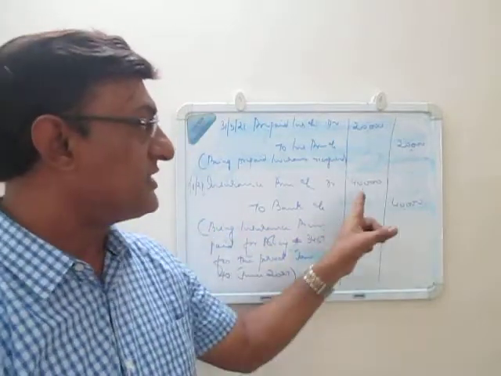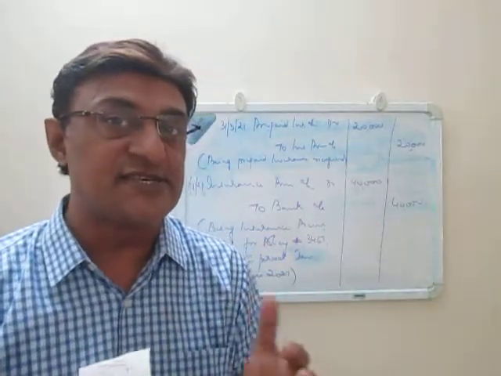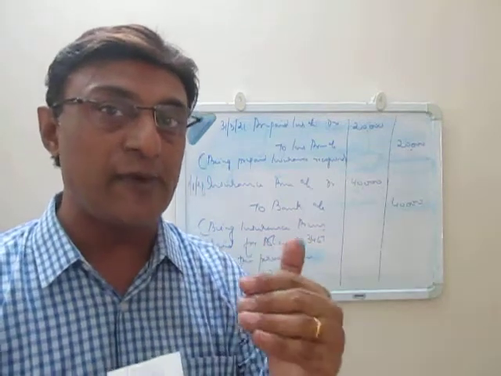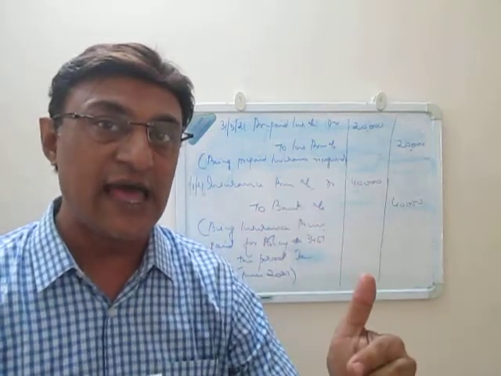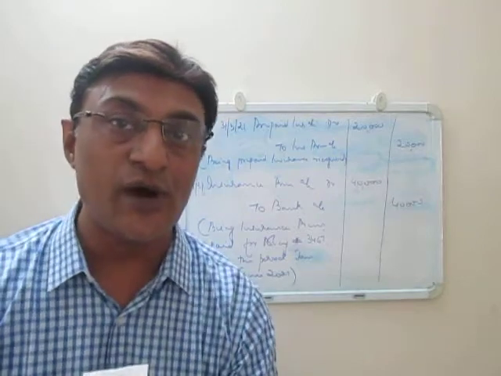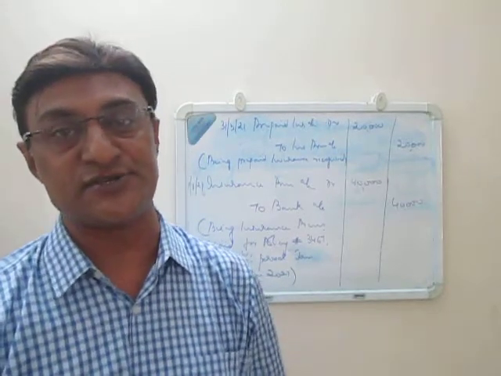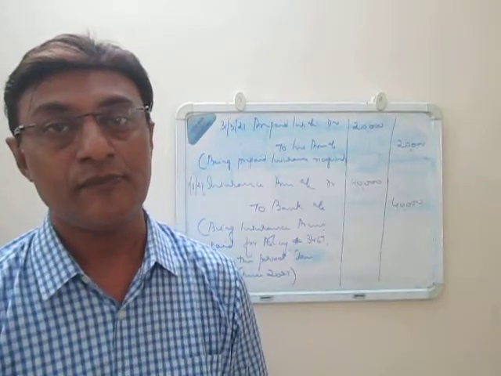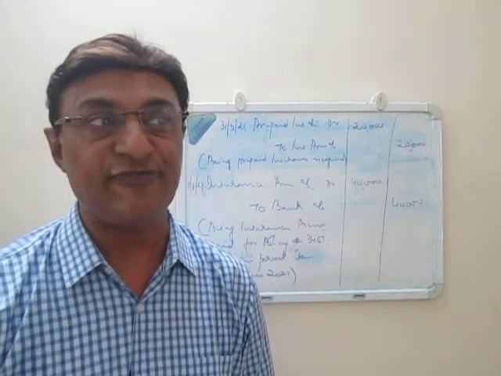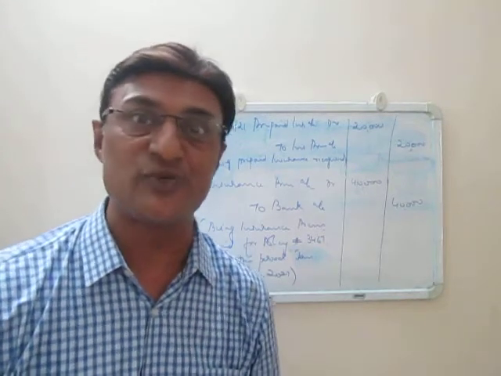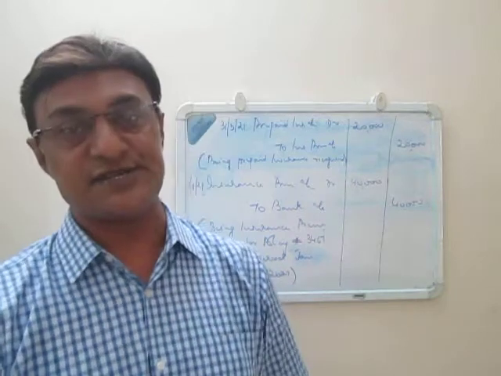So out of the 40,000, what happens effectively in this year? My insurance premium account will have a debit of 40,000 and a debit of 40,000, now a credit of 20,000. So effectively 40,000 plus 40,000 minus 20,000, which is 60,000.